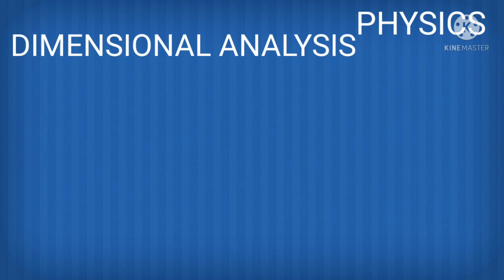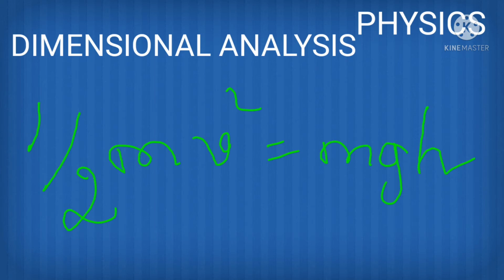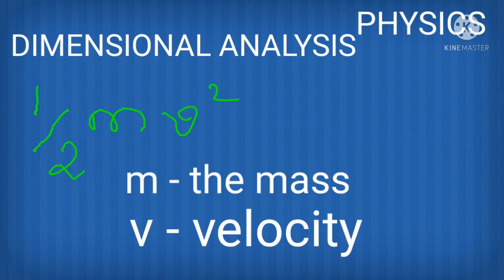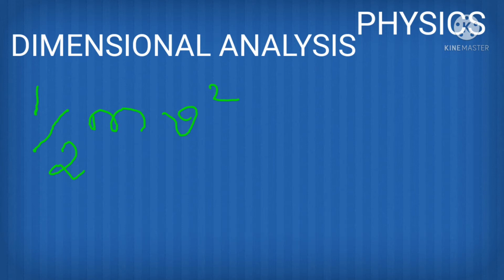Now we have to check whether this equation, that is kinetic energy equal to potential energy, is dimensionally correct or not. For that, we can have the dimensional formula for kinetic energy. The equation of kinetic energy is half mv square, m is the mass, v is the velocity. We need not write the number part.